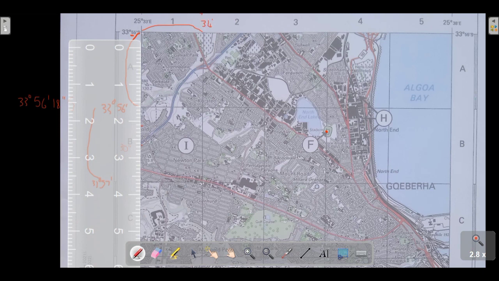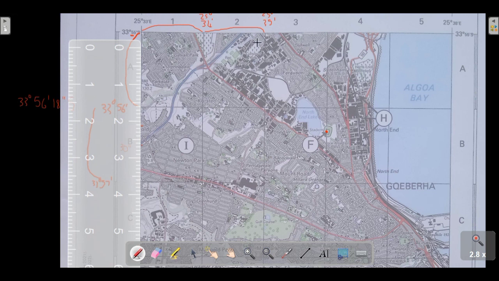So it says 25 degrees 34 minutes, and this whole is 34 minutes until you reach here, that is 35 minutes. Okay, so it's 25 degrees 35 minutes.